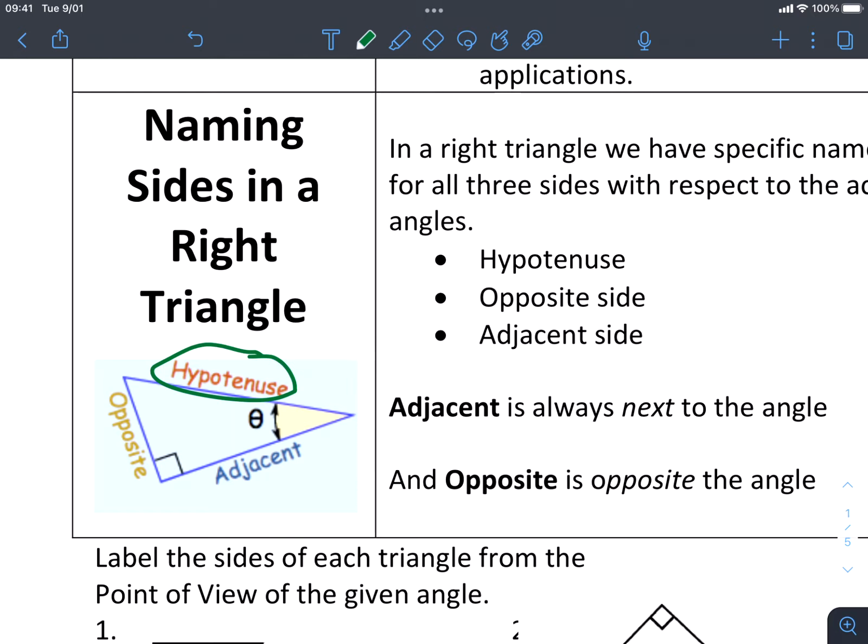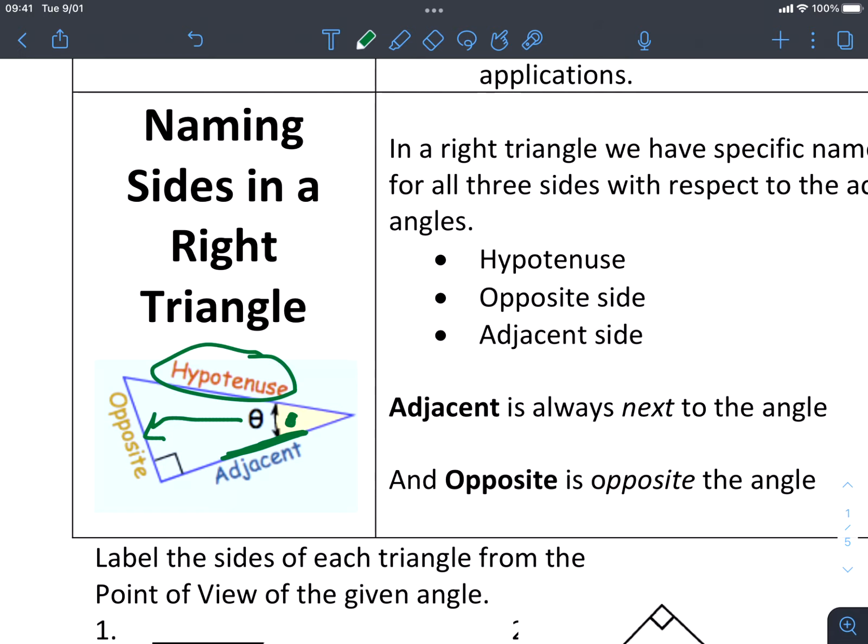So if I'm referring to this angle right here, the side opposite of that angle is my opposite side, so we label it as opposite. And the side next to the angle is the adjacent side. Adjacent means next to. So hypotenuse is always diagonal, the opposite side is just called opposite, and the adjacent side means next to.